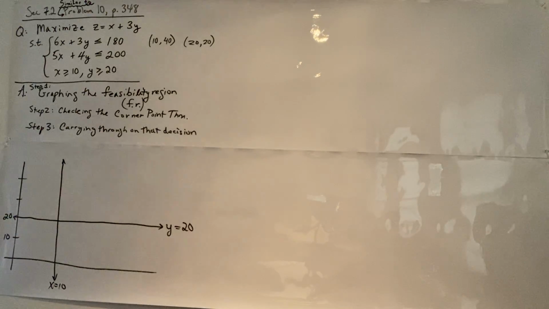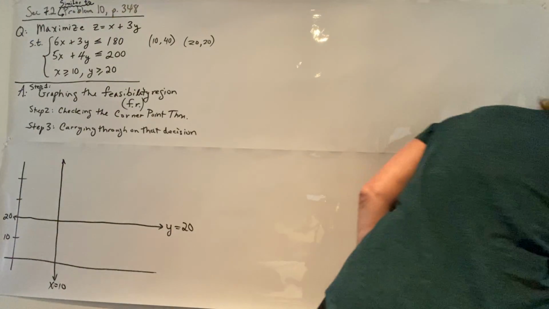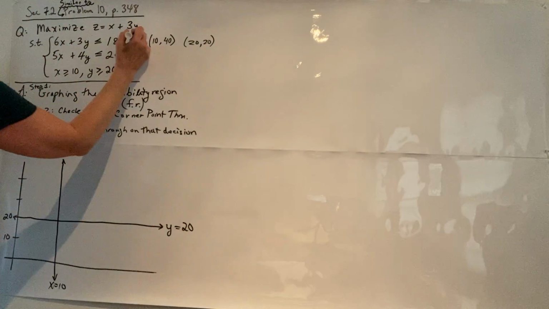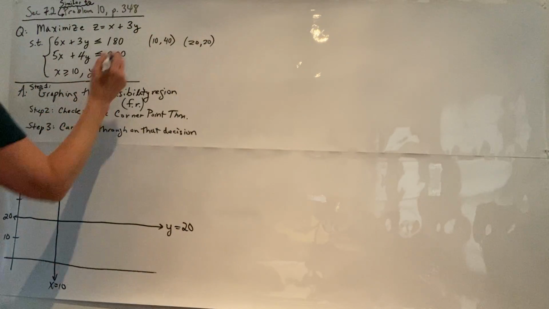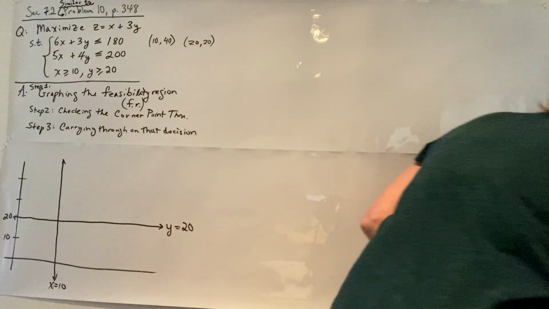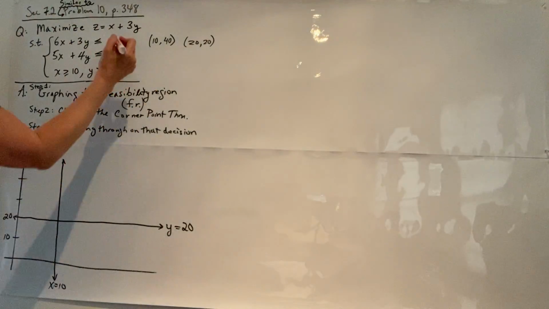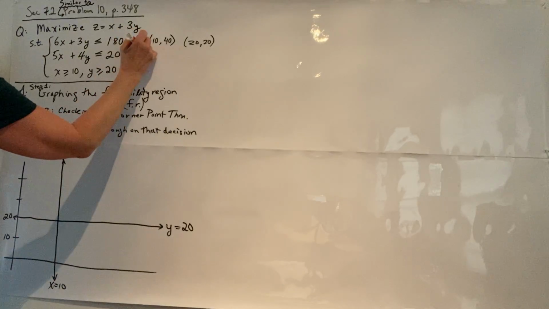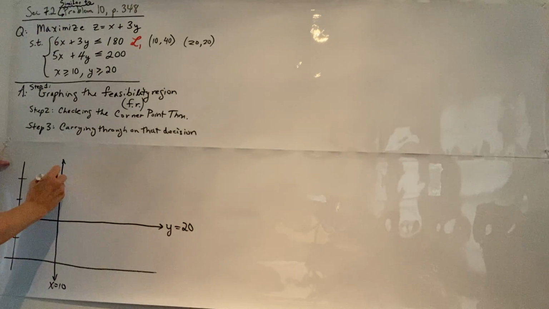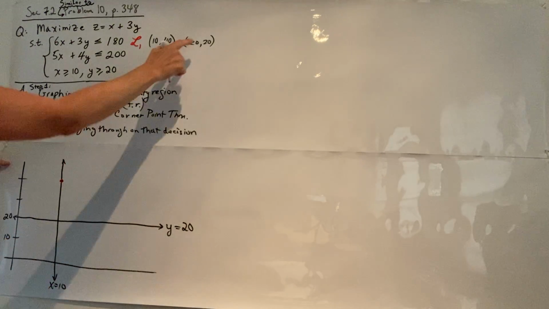So I'll call that line 1. Line 1 contains those 2 points. So let me draw them in red. So we need (10, 40) and (20, 20).